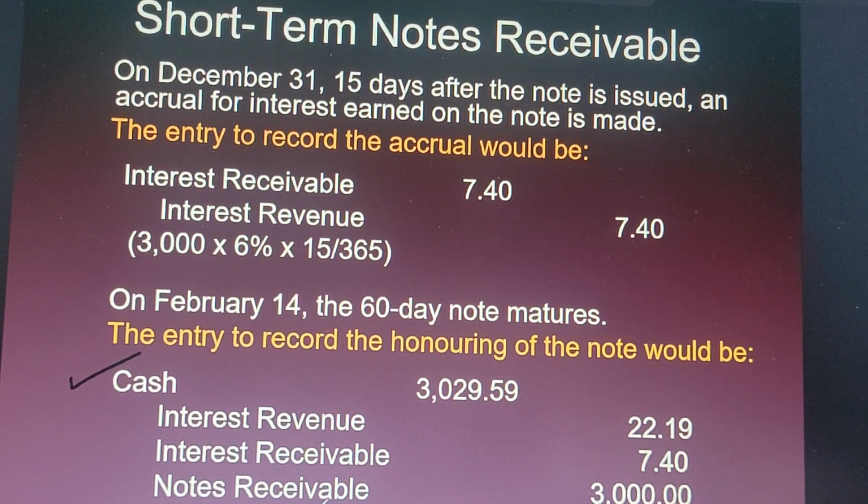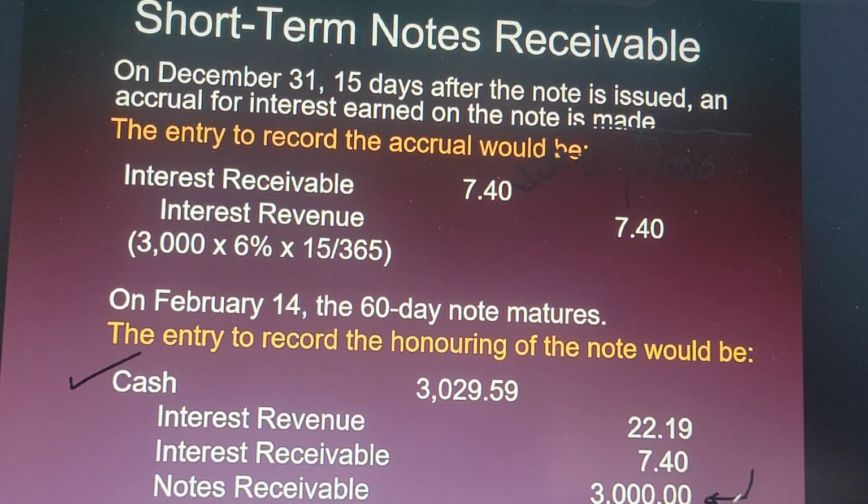What is my credit? First of all, the amount of the note receivable. Note receivable here, remember, was 3,000. When we issued the note, we received it; now I'm making it credit, so there is no more note receivable. So that's 3,000.